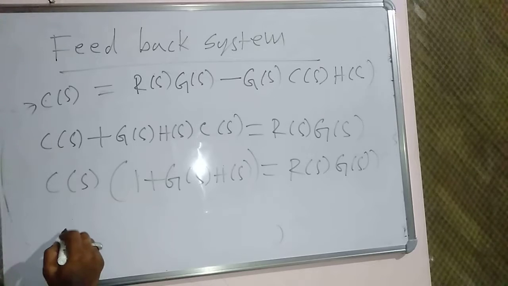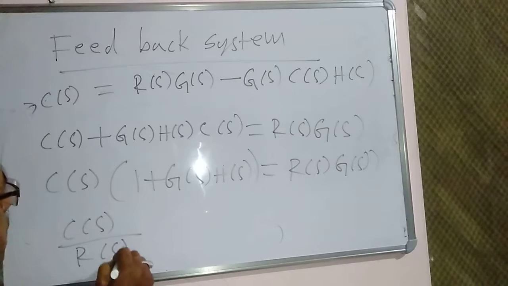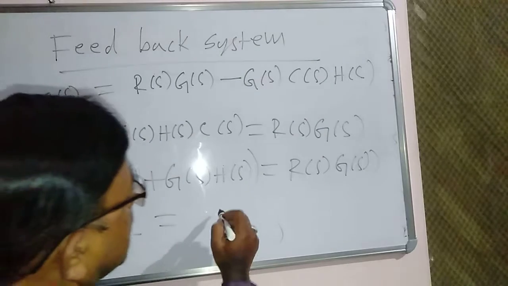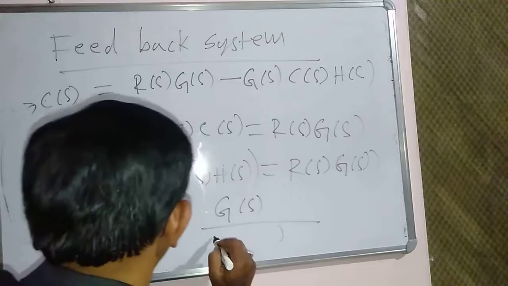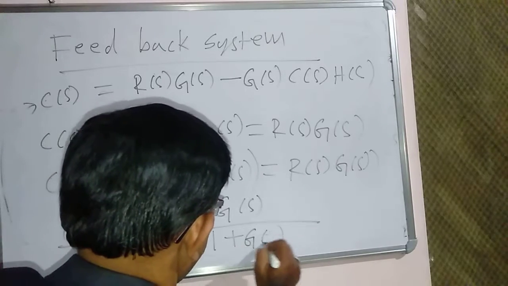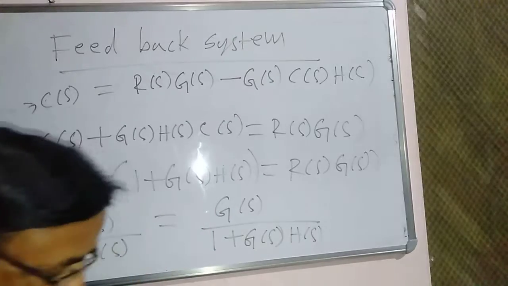So the transfer function C(S)/R(S) is equal to G(S)/(1 + G(S)H(S)).